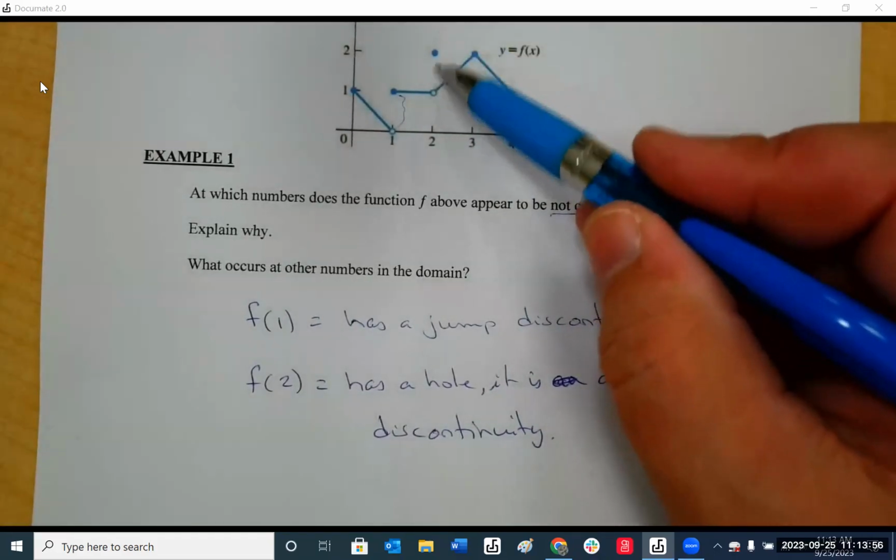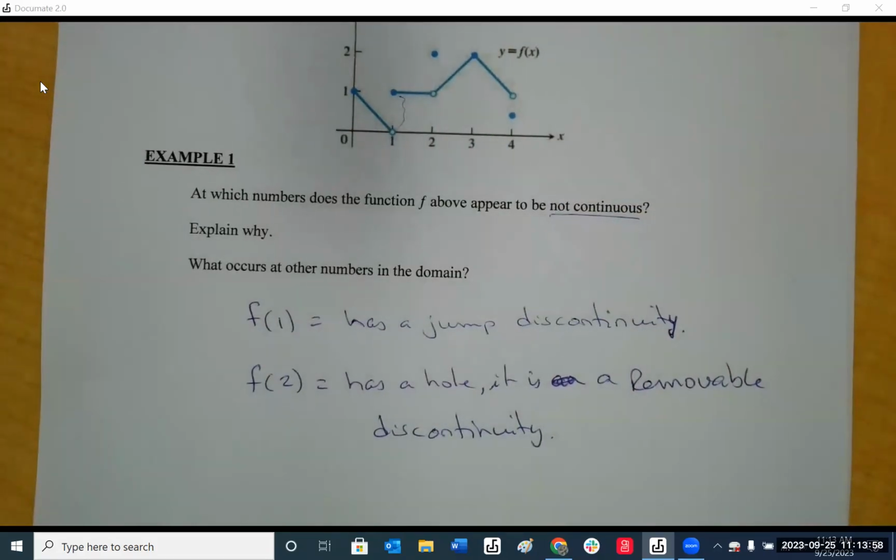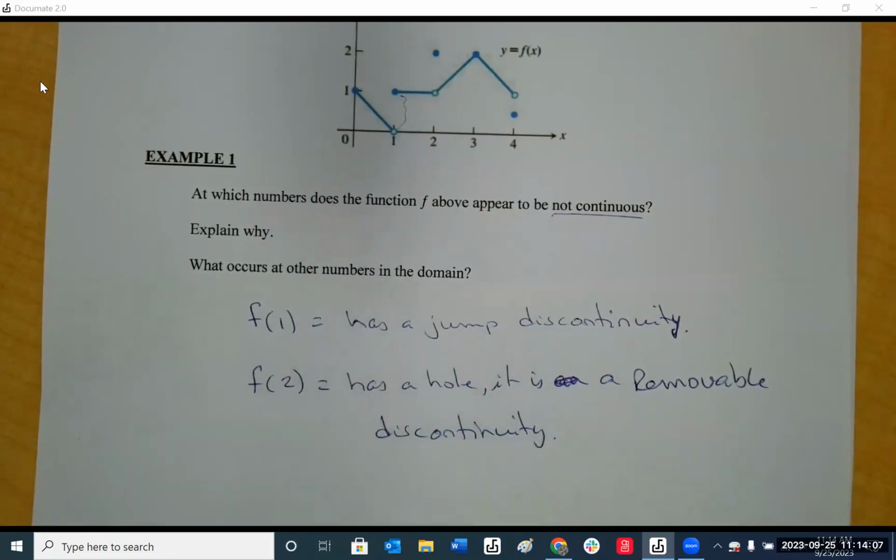Because if we looked at that function as an equation, let's say we had x squared minus 4 over x minus 2. At 2, it doesn't exist. But if we cancel it out, we just remove that discontinuity, and now it becomes a function. So whenever you have a function that's 0 over 0, you can remove something. That's a removable discontinuity.